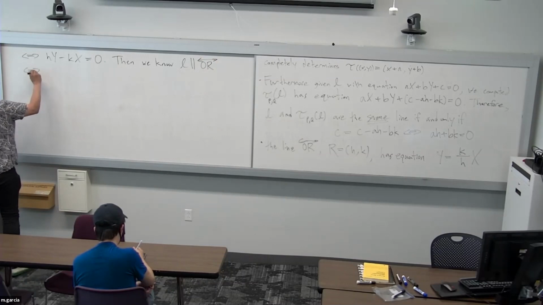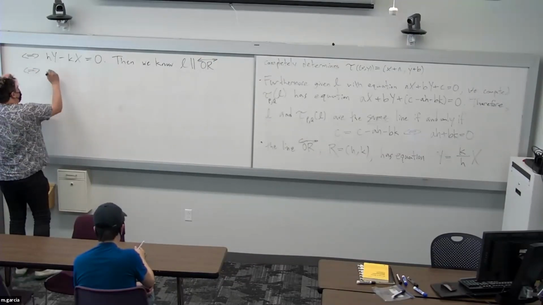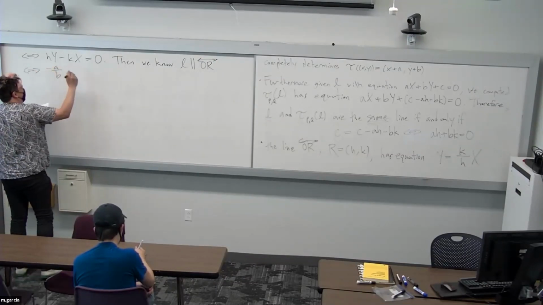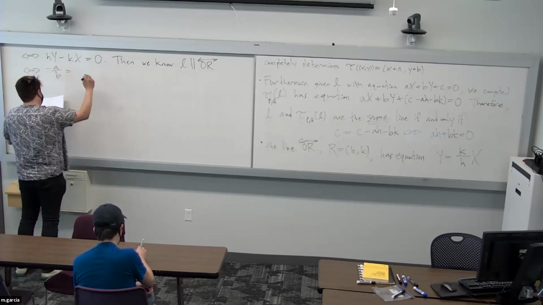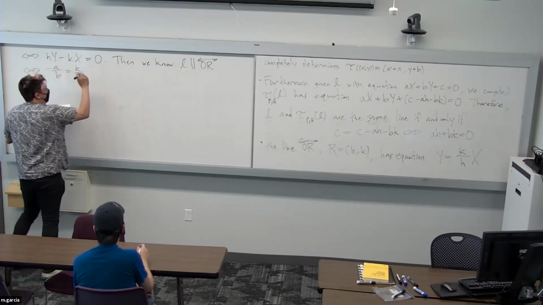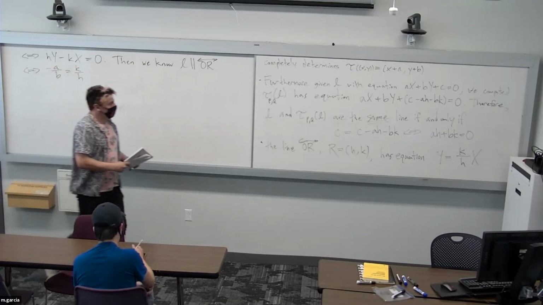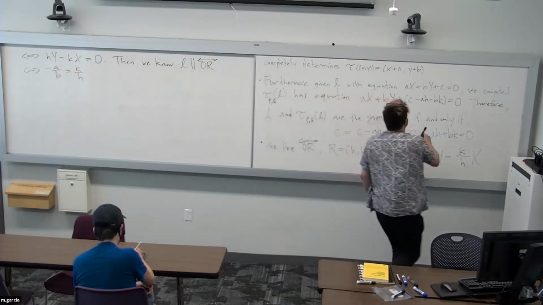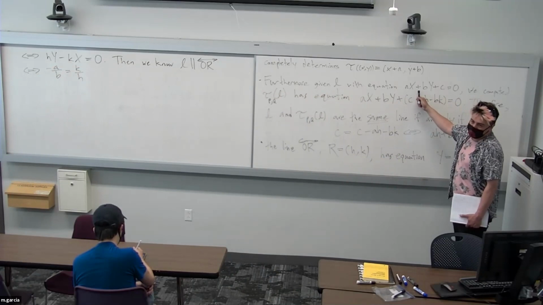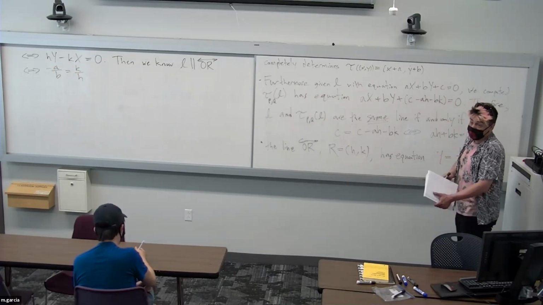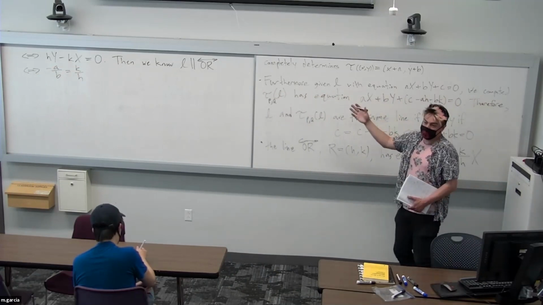if and only if negative a over b is equal to k over h, because we're using this line L of ours that has slope negative a divided by b. And that's the condition for them to be parallel: they have equal slope.